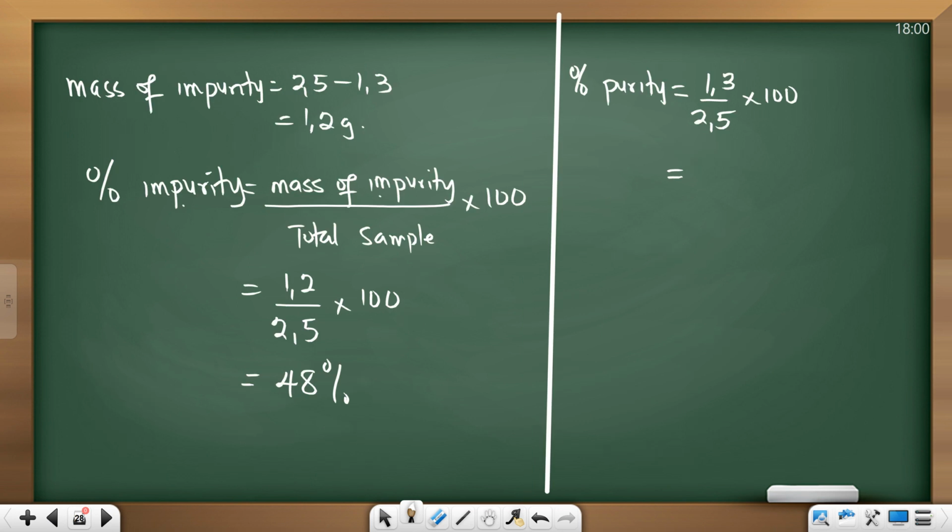So what do we have? 1.38125. What would this be? 1.11875 over 2.5. What would that give us?